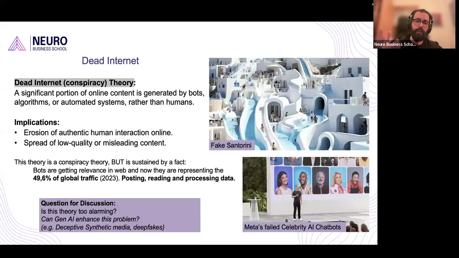Okay, because the machine in general, artificial intelligence, algorithms, whatever, can create, and can read. So they can read, and they can process data. Okay, so they can do all these kind of things. So finally, in the future, the synthetic beings can somehow have this protagonism in the future of internet.